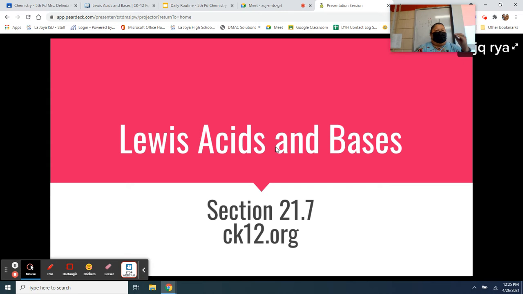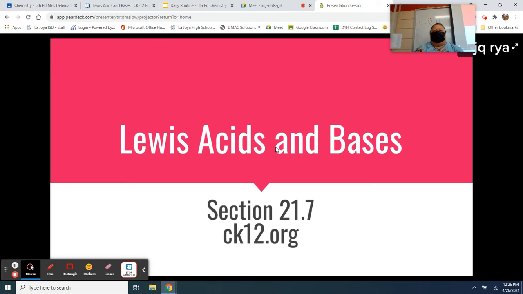If the Bronsted-Lowry acid gives away hydrogen, what does a Bronsted-Lowry base do? Very good, Ephraim. He said accepts. Accepts what? Very good. When it comes to Bronsted-Lowry, it's all about the same element: hydrogen. Acids give away hydrogens. The bases say, come on over, accept hydrogens.